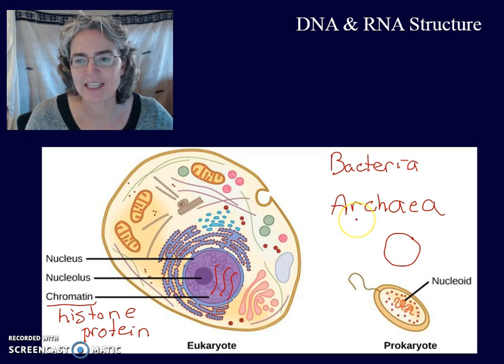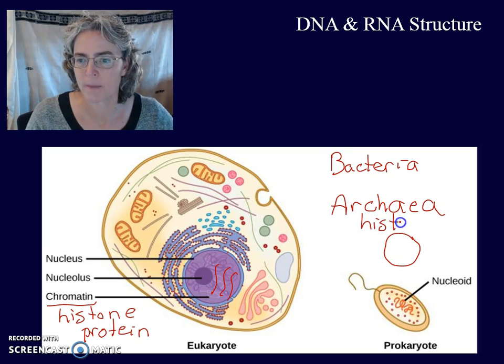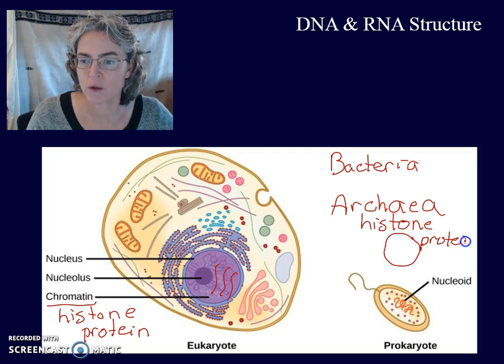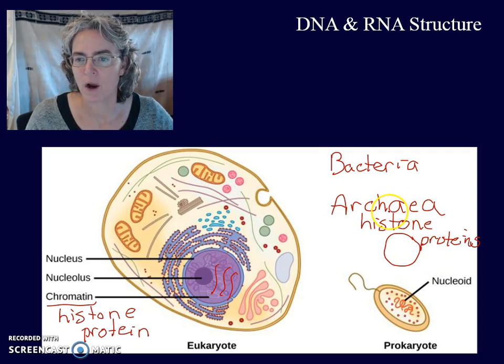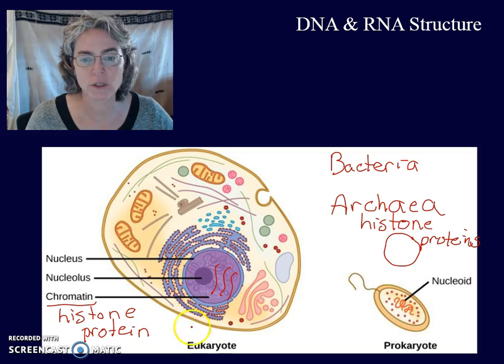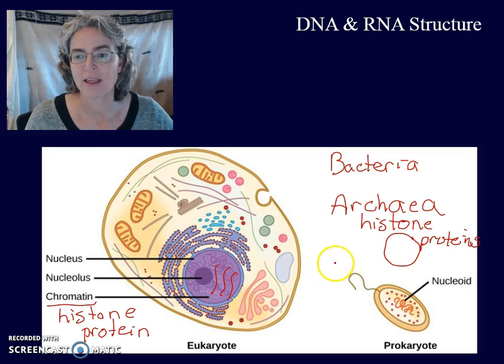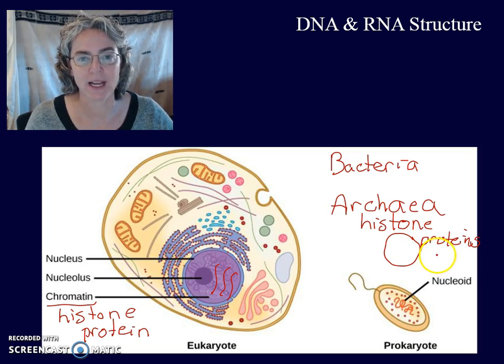What's interesting is that archaea do use histone proteins. It's still one circular DNA, but they use histone proteins to wrap up the DNA. And that's why archaea are thought to be more closely related to eukaryotes than to bacteria, because both archaea and eukaryotes use this histone protein to wrap up the DNA.